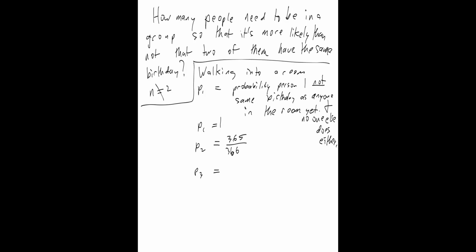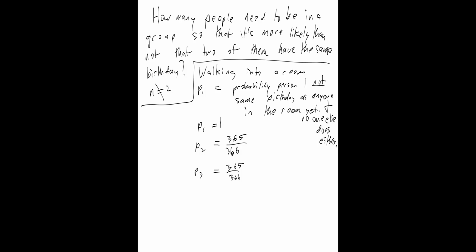Because you see, once person number 3 walks into the room, there's actually 2 people in the room already. So if the first 2 people in the room have the same birthday as each other, then the probability the third person doesn't have the same birthday is actually just 365 out of 366, because the first 2 people would have had the same birthday, right?